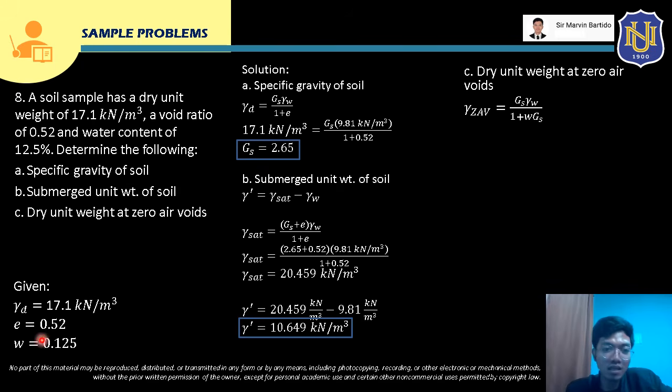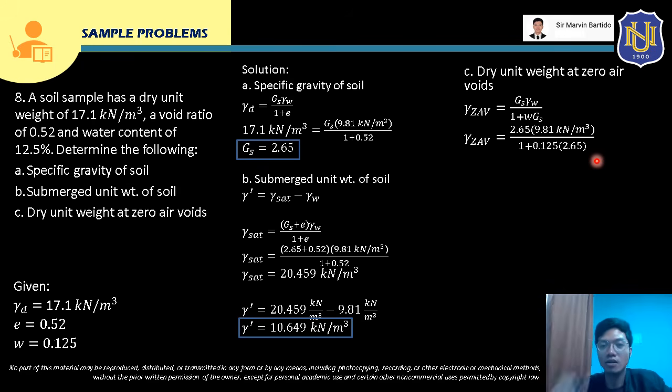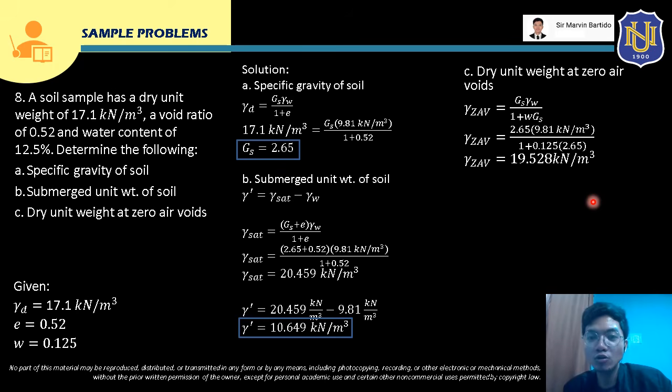Water content is given. And G sub S, we have that. So we just substitute the values we have. Gamma water is 9.81, w is 0.125, G sub S is again 2.65. Solving for the zero air void unit weight, this is equal to 19.528 kilonewton per meter cube.